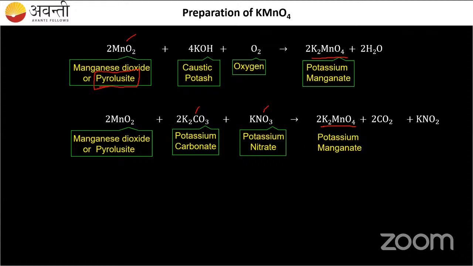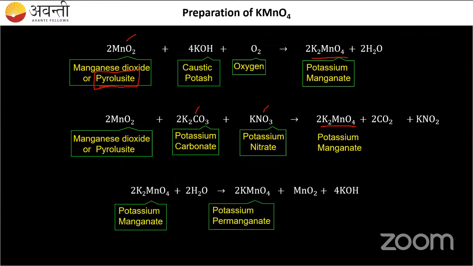Now to this potassium manganate, you have to add water. If you add water to potassium manganate, you can get potassium permanganate. Got it? And MnO2 is coming out again. What was this MnO2? It is the pyrolusite ore. We started with pyrolusite ore, and at the end we are getting back that pyrolusite ore in the preparation process.